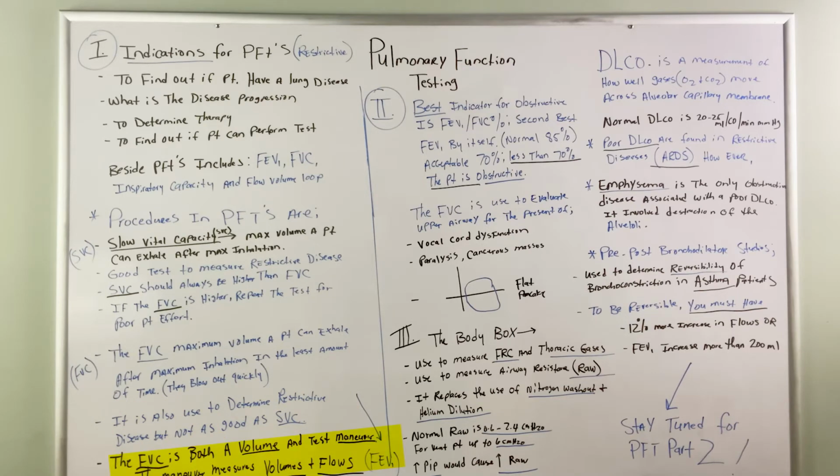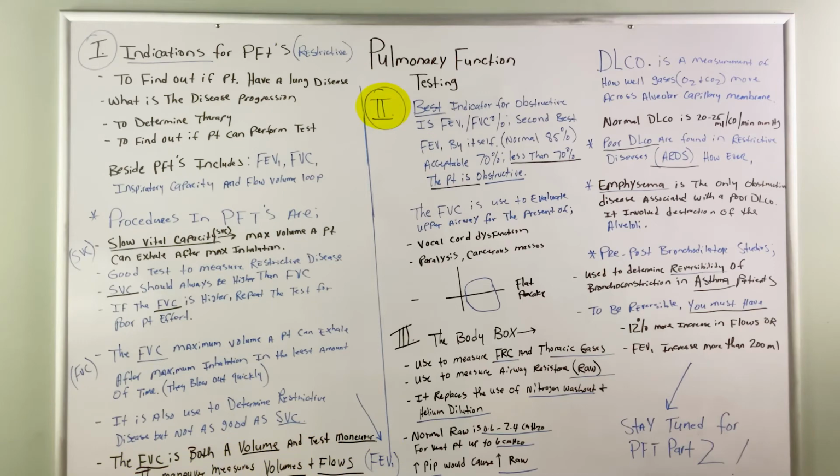Another thing you need to remember about the forced vital capacity is that it is both a volume and the name of a maneuver. When we use the forced vital capacity maneuver, we measure flows and volume, which is basically the FEV1. That's how we get our FEV1, from the forced vital capacity, because it is the amount of air that you can blow out in that first 1 second.